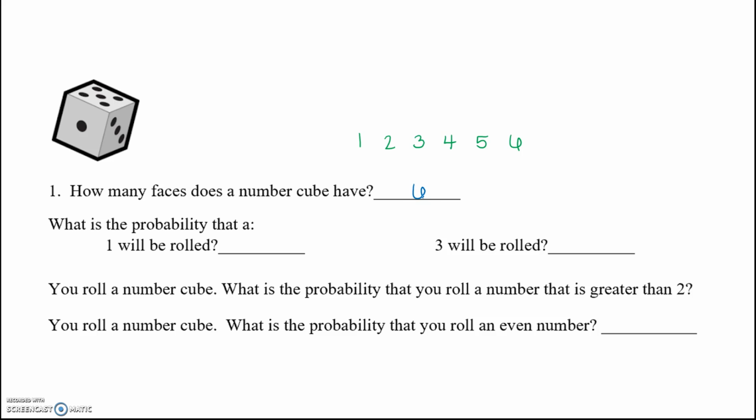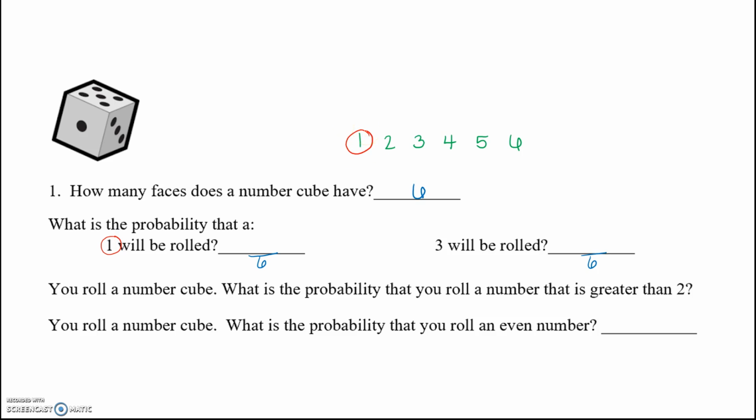So what's the probability that a 1 will be rolled, okay? If I'm talking about a number cube or a die, and I'm talking about theoretical probability, well, 6 is always going to go on the bottom, okay? So in this situation, it has me looking for the probability that a 1 will be rolled.